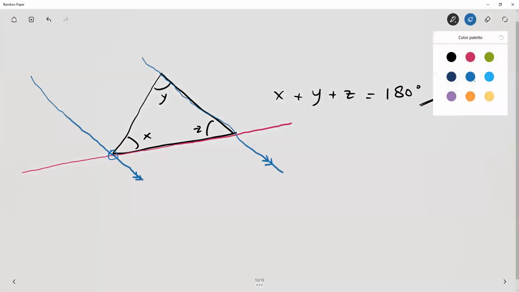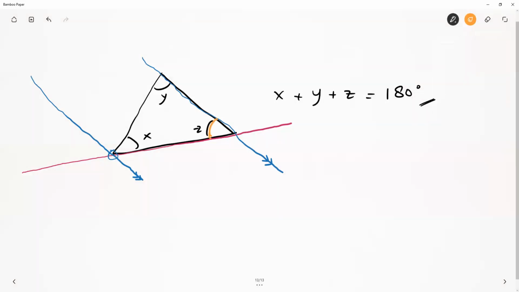Okay. Now, if you look at here, we have same angles, this one and this one, right? So this is also an angle. Why is that? Because they are corresponding angles, or we call it sehadap.